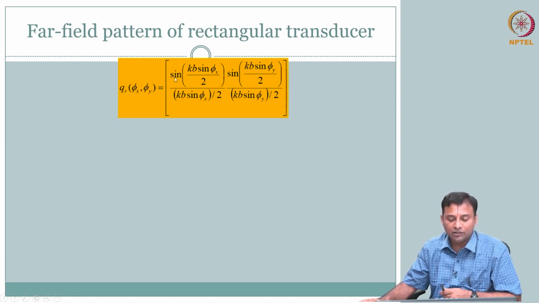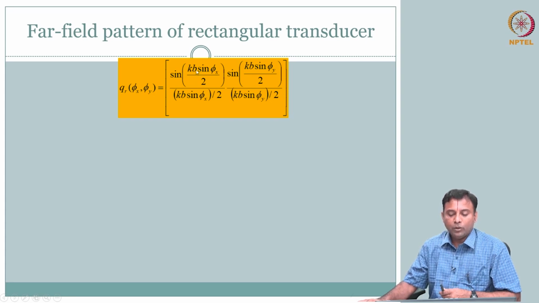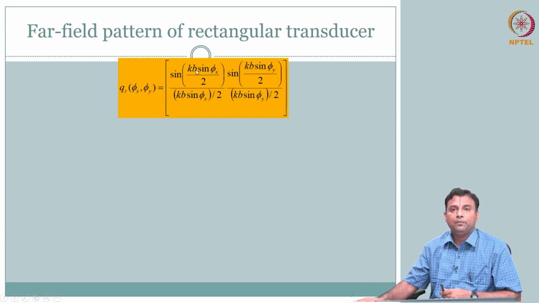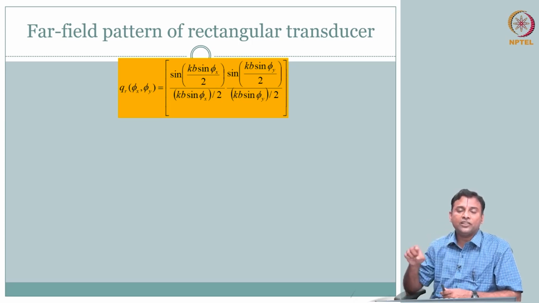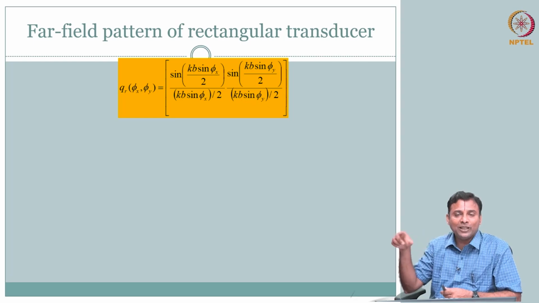If you have a rectangular transducer with different dimensions, your B is your width, for example, or a square transducer. So this is 2 dimensions. If it is a rect function, what is your Fourier transform? Sinc, right? If you have a rectangular in time domain, in frequency domain that will be a sinc function.